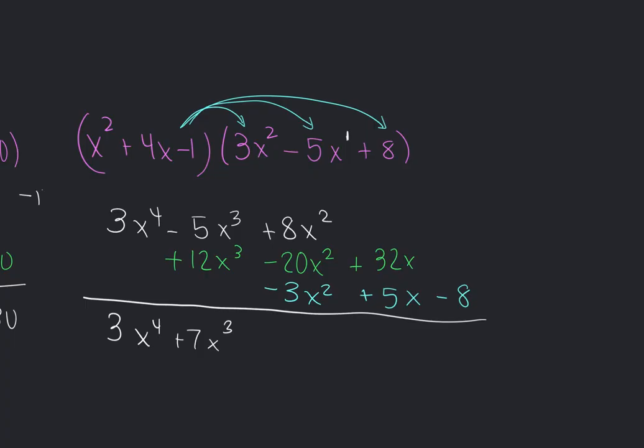Let's see, I've got a negative 12 and a negative 3. So I think I've got a negative 15x squared. I've got a positive 37x and a negative 8. That whole thing is my answer. None of these are like terms, so I can't do any more combining. Literally, that is everything.